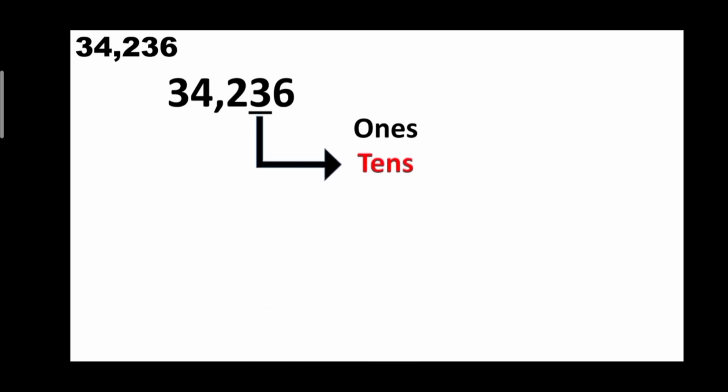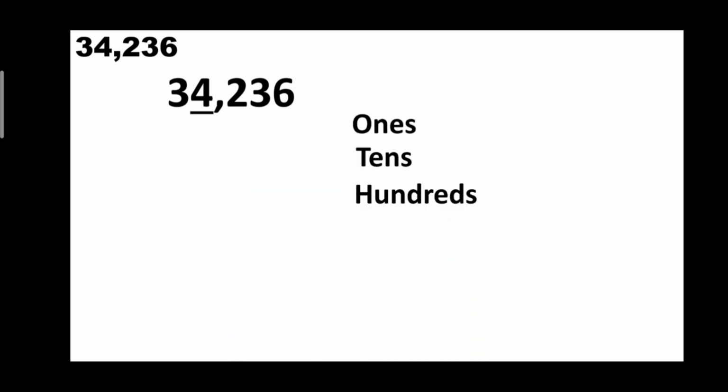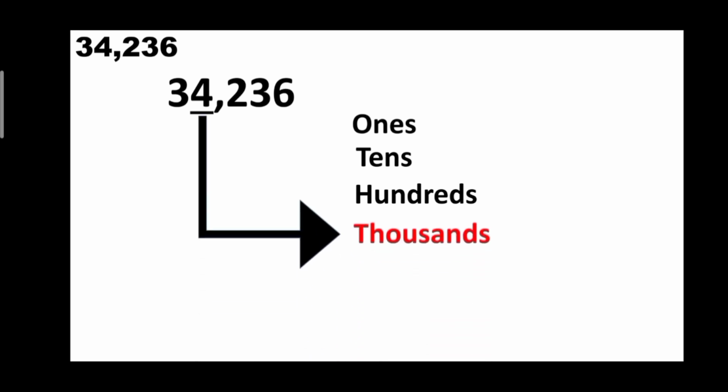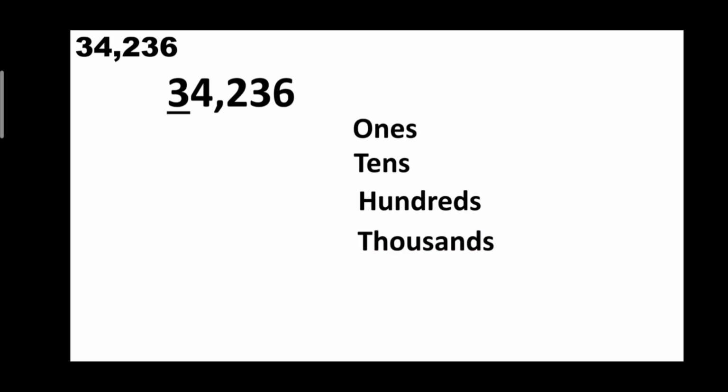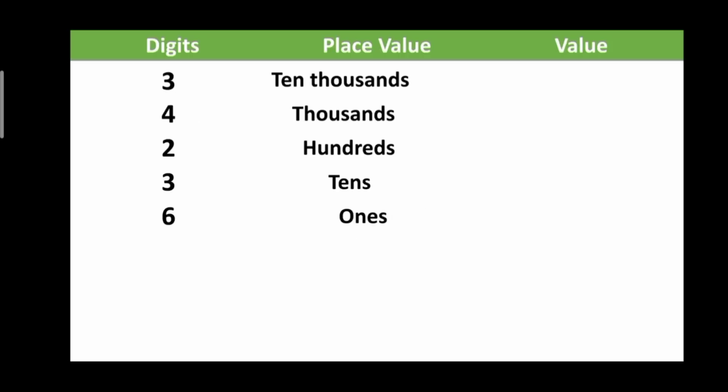6 is the first digit in the number, so it is in the ones place. 3 is the second digit, so it is in the tens place. 2 is the third digit, so it is in the hundreds place. 4 is the fourth digit, so it is in the thousands place. And 3 is the fifth digit, so it is in the 10,000s place.